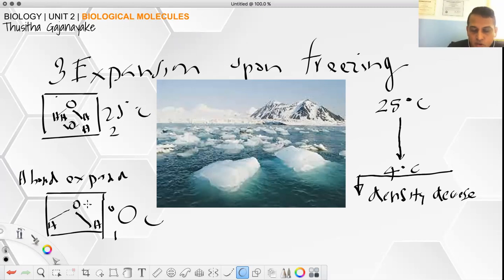In a given volume, there is a smaller number of water molecules. These 2 volumes, this one has 2 water molecules, this has 1 water molecule, this is heavier, this is not heavier, and it's floating. So this is the reason: hydrogen bonds expand upon freezing.